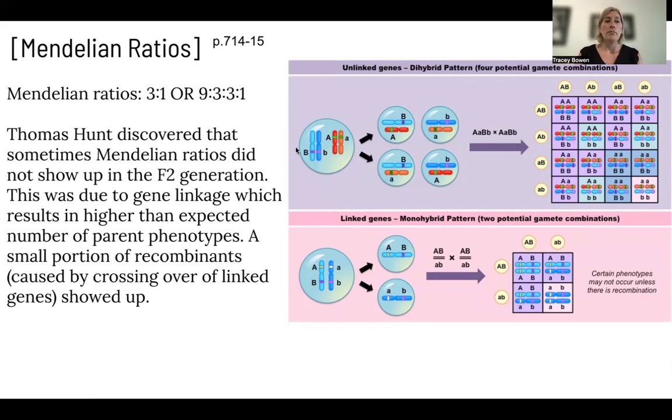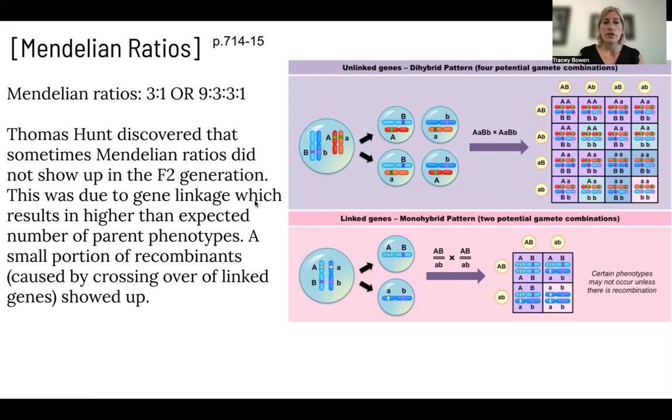He was expecting 9 to 3 to 3 to 1 for Mendelian ratios in his fruit fly babies, but they didn't show up like that in the F2 generation. When he had heterozygous crosses between F1 generations to produce the F2 generation, the Mendelian ratios didn't show up.